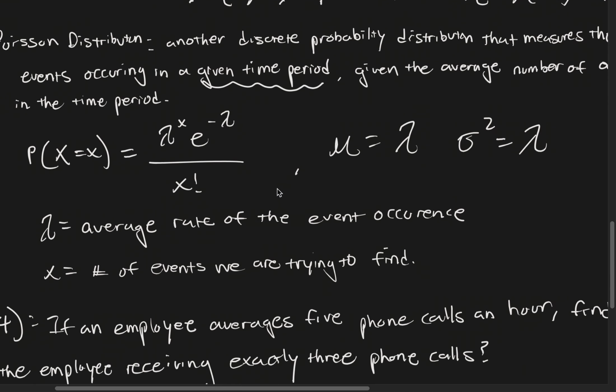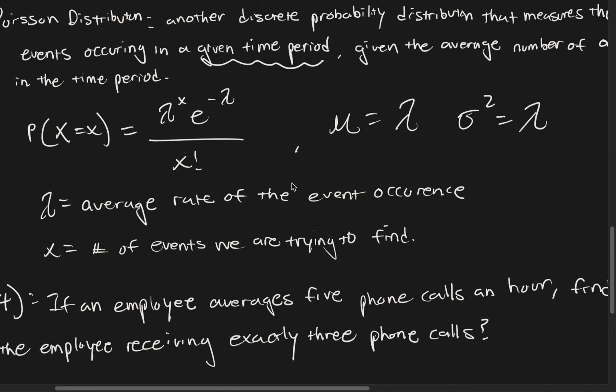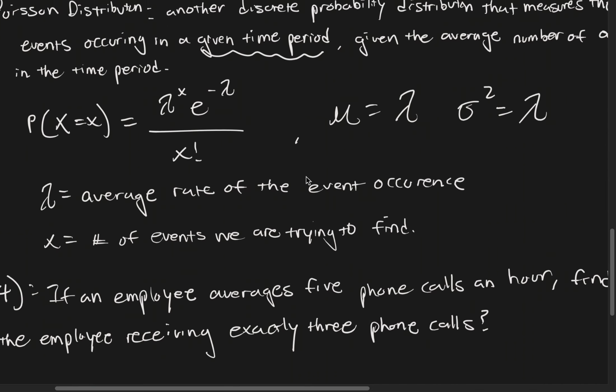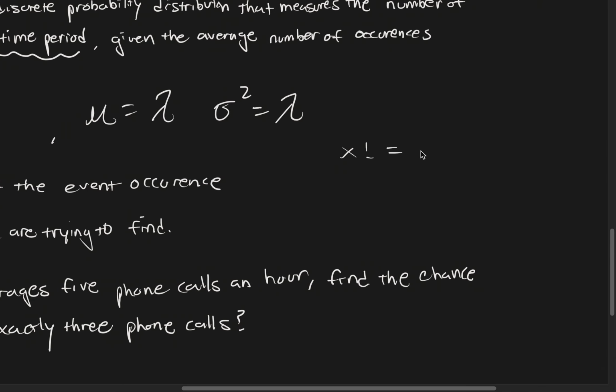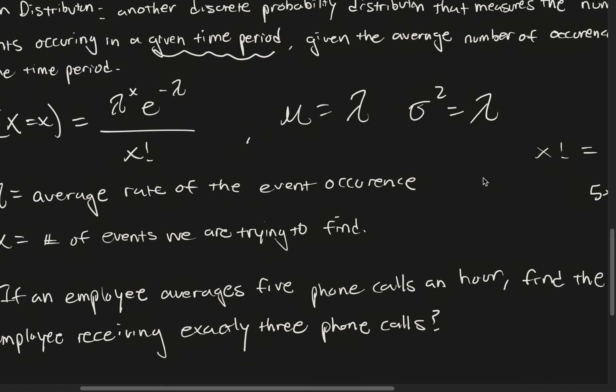This is the function right here. So lambda to the power of x times e to the power minus lambda all over x factorial. So obviously x factorial means, if it's 5 factorial, then we would multiply by all consecutive lower values.